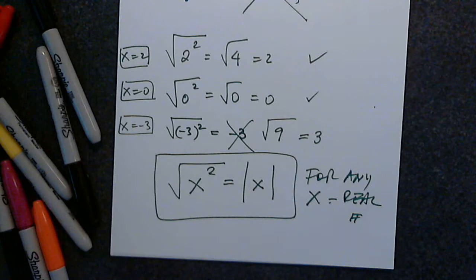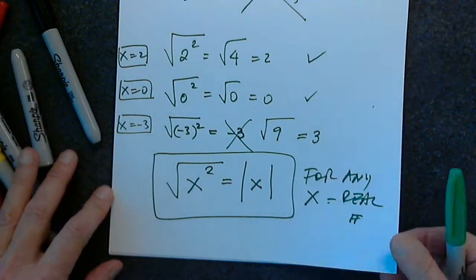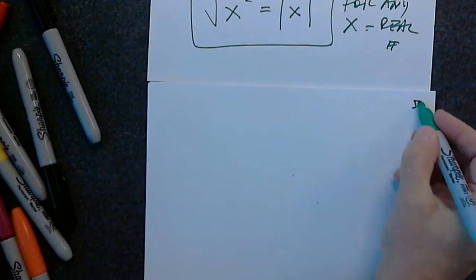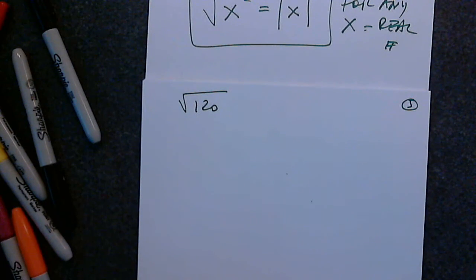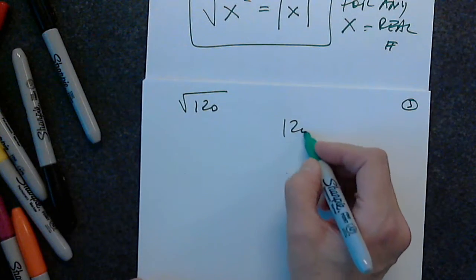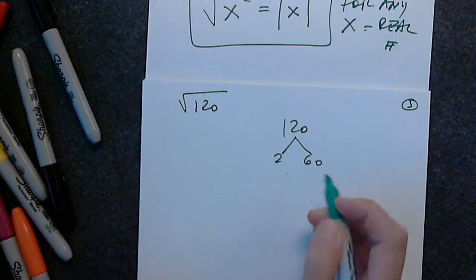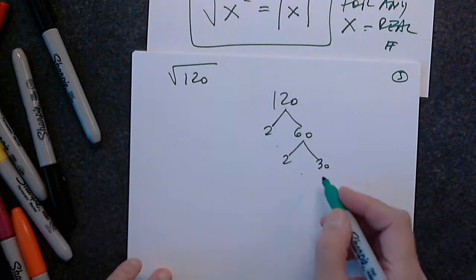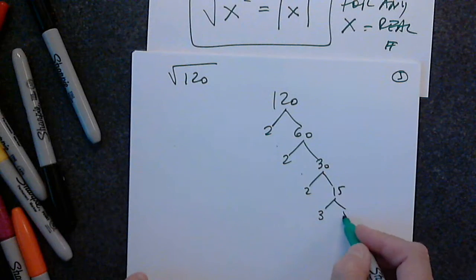Okay, let's refresh our memory on how to multiply. Any questions? Do we need more simplification? Let's look at another. Let's say the square root of 120. I have no idea what 120 is composed of, but in prime numbers, it's divisible by 2, so then 60. 60 is divisible by 2, and then 30. 30 is divisible by 2, and then 15. 15 is divisible by 3, and then 5.